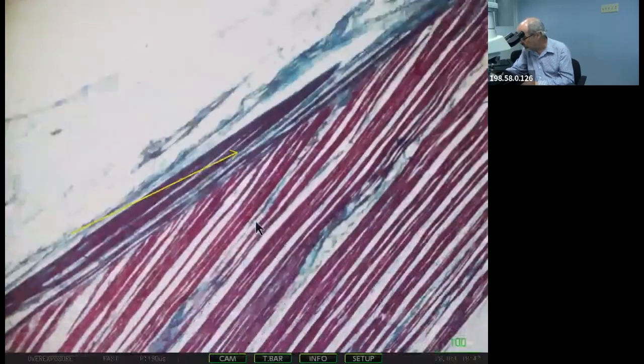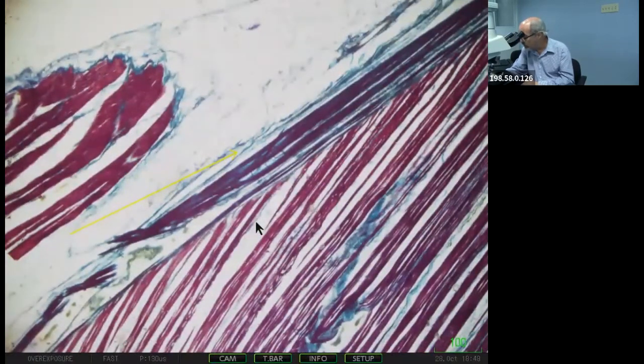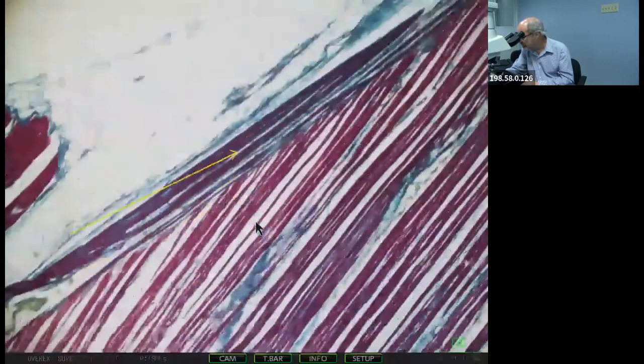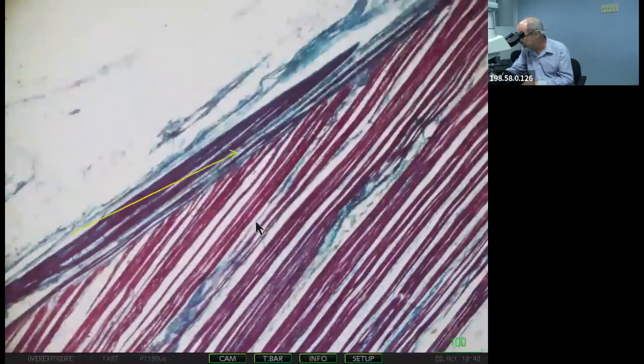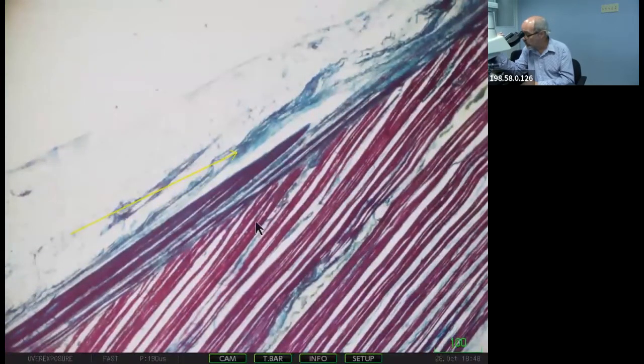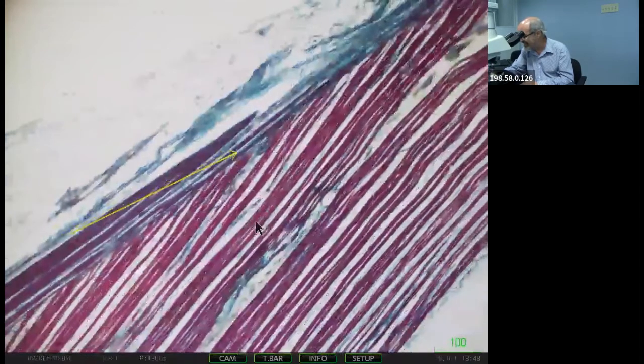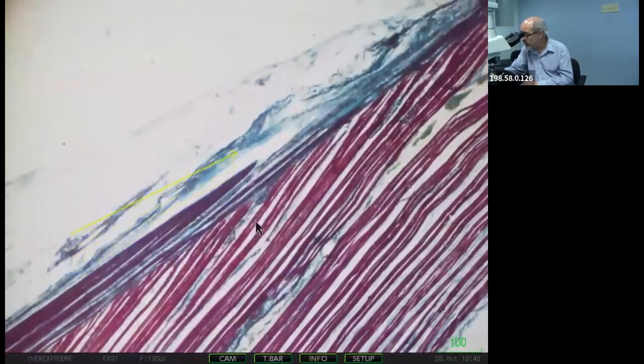Here, if I go to the periphery, you have your epimysium, which is all around your skeletal muscle. It's the most external layer.